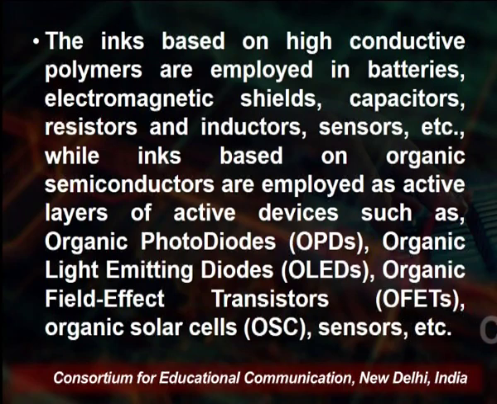The active devices can be prepared by using the organic ink, like organic photodiode, organic light emitting diode, organic field effect transistor, organic solar cell and organic sensors, by using this organic ink that we use for printed electronics.